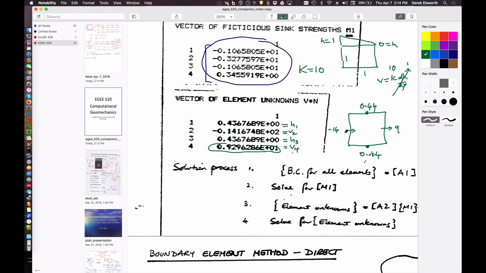And so these should be 10. It should be equal to minus 10 because the outward normal here is in this direction. So the dot product, V dot n, is equal to minus 10 across the boundary. It's going into it. And this should be equal to plus 10 again. It should be plus 10 coming out.